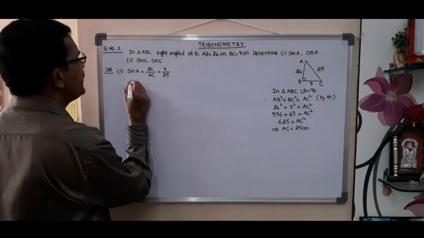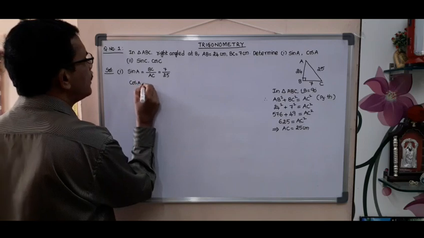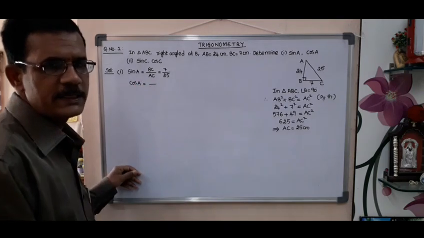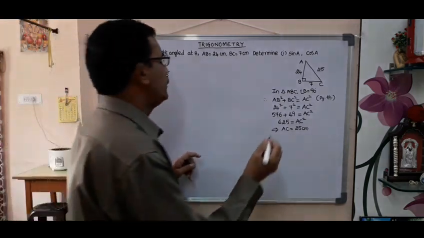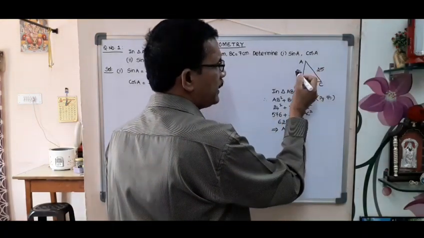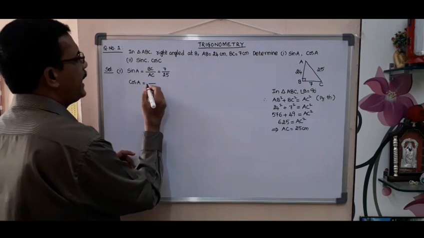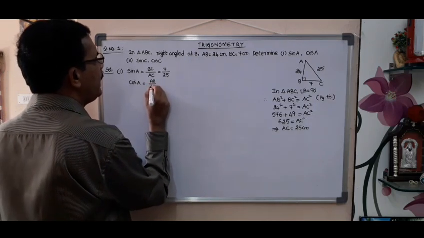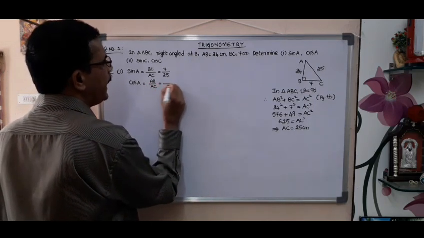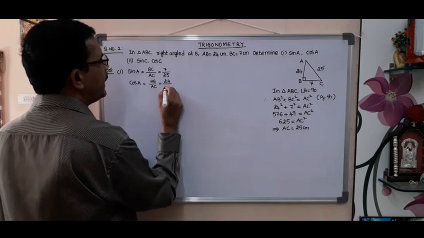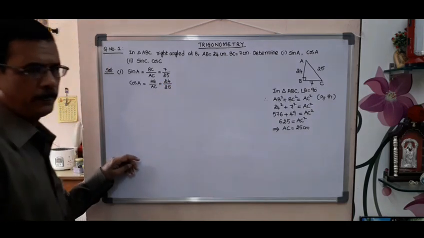Now cos A. Cos A definition is adjacent side to theta by hypotenuse. With respect to A, this is the adjacent side and this is the hypotenuse. So cos A is equal to AB by AC. Here AB length is 24 and AC is 25.